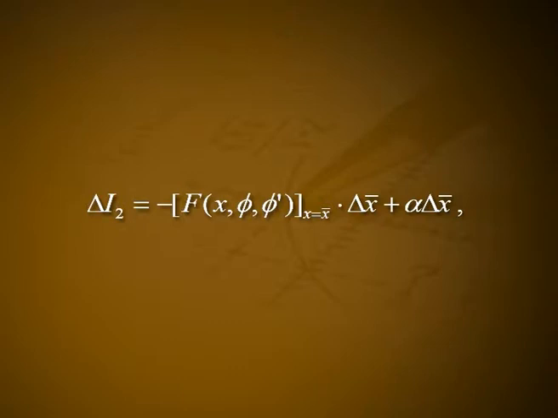Since y is equal to phi of x on the interval x bar to x bar plus delta x bar, using the mean value theorem and the continuity of f, we get delta I2 equal to minus of f of x, phi, phi dash at x equal to x bar, into delta x bar plus alpha into delta x bar, where alpha tends to 0 as delta x bar tends to 0.